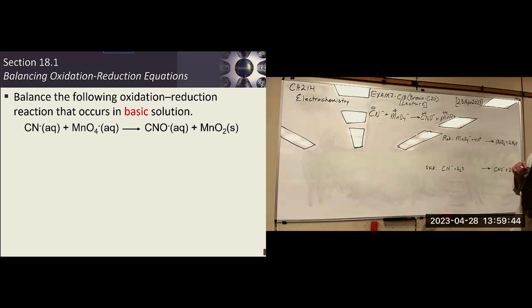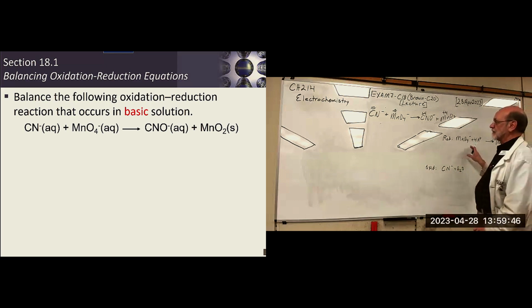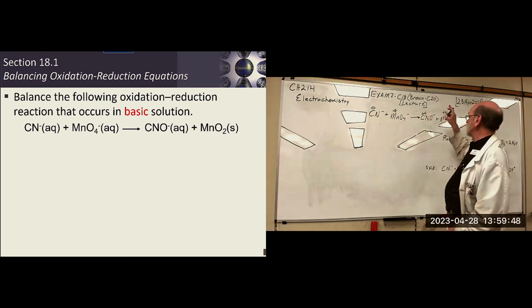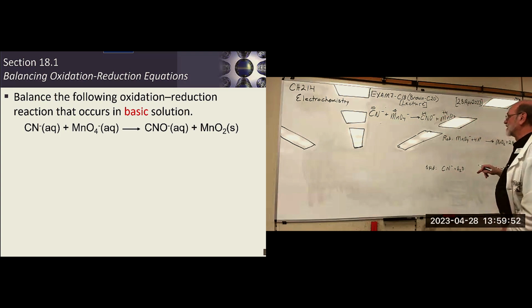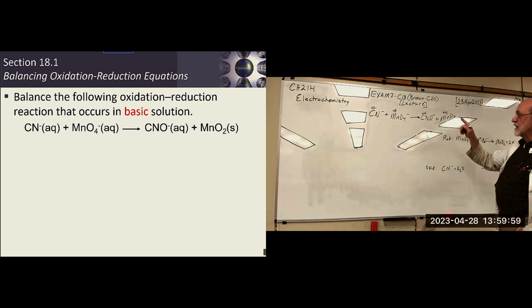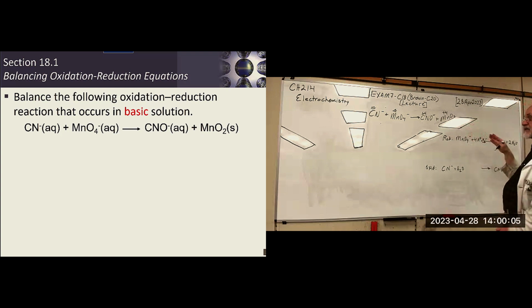Okay, now we do the electrons. Reduction step. Manganese went from +7 to +4. So that's +3. We had to add 3 electrons. Cyanide went from +2 to +4 on the carbon. So that's a loss of 2 electrons. Okay. Now we've got an odd and an even. We have to cross multiply.